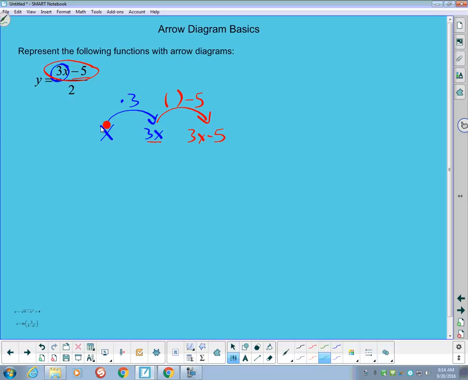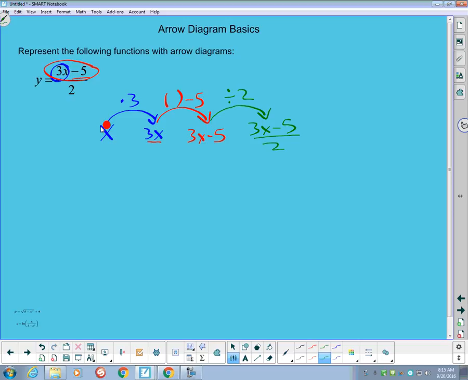And now the last thing that we need to do is to divide by 2, and I'll use the old division symbol to do that. This means that everything at the beginning of the arrow should be divided by 2, so this gives us the 3x minus 5 divided by 2.